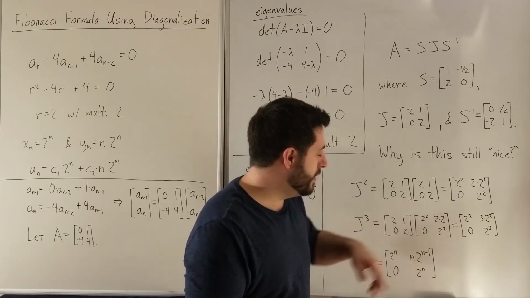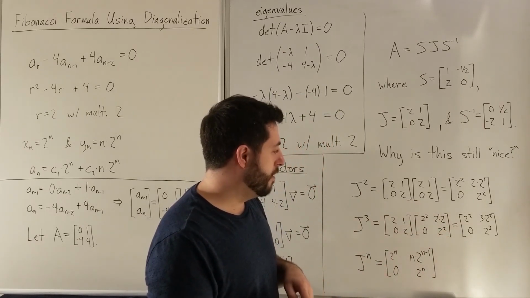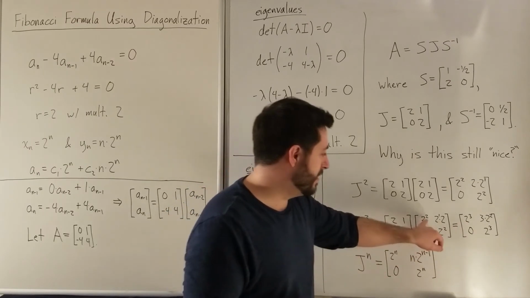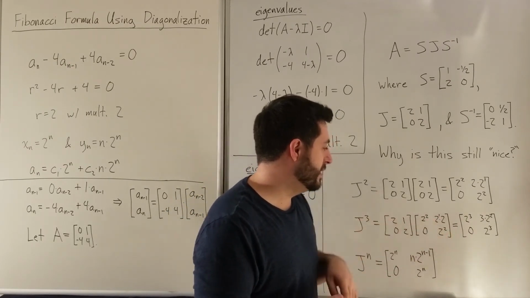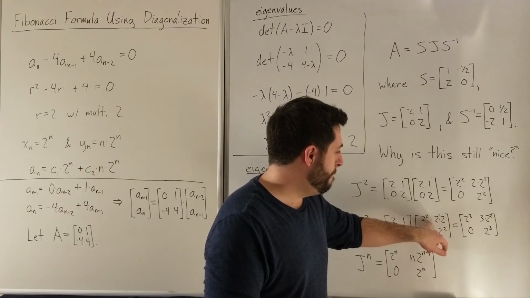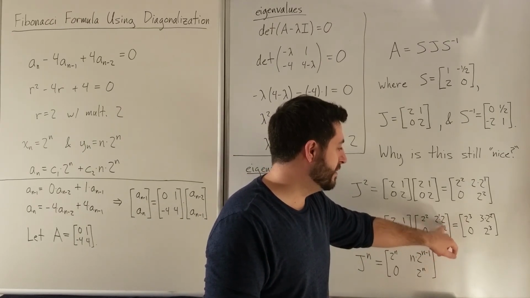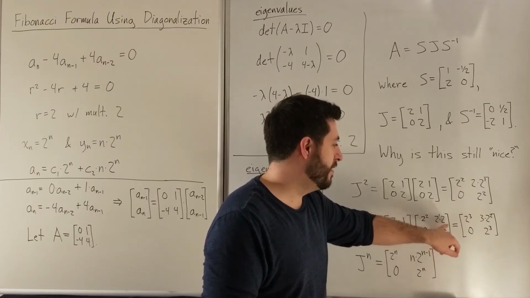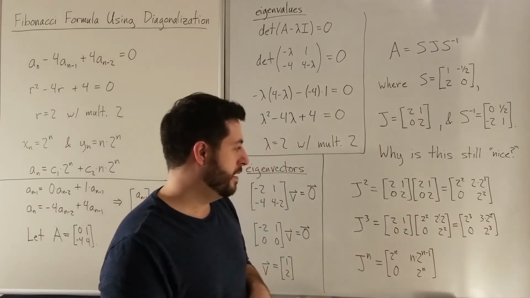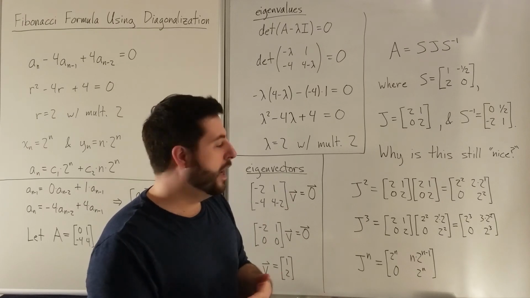The power of 2 that we had before was 1 smaller than these, so I had 2 to the 1 instead of 2 to the 2. When we double this, it becomes 2 to the 2, and then we're adding another 2 to the 2. So instead of 2 to the 2's, we have 3 2 to the 2's. That pattern is going to continue.